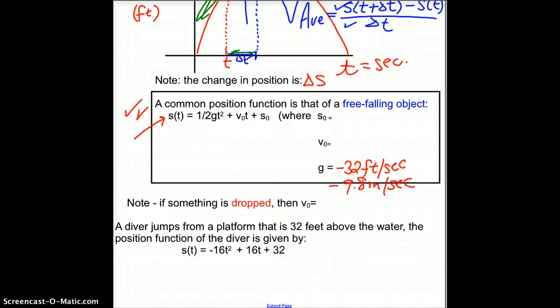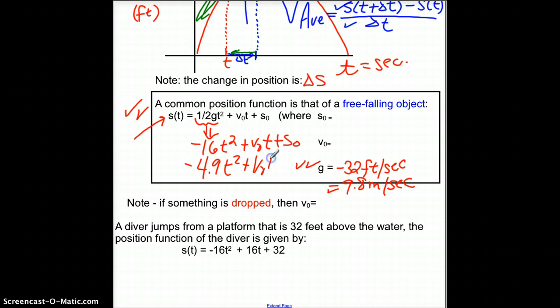And so really what this becomes, instead of 1/2 of g, is this will always be a constant out front. If you're dealing with feet, it'll be a negative 16, half of the negative 32 t squared. I'll write it like that. If we're working in a problem in the metric units, then that would be, what would it be, negative 4.9 t squared, because we do half of that.